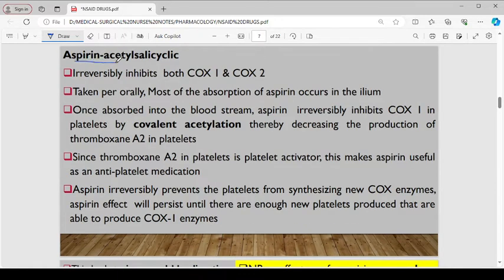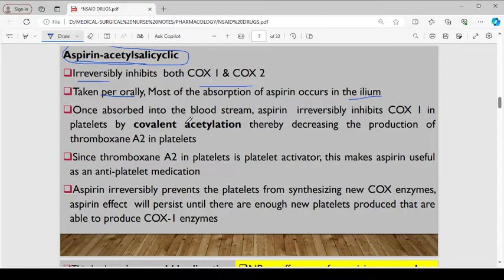We can look at aspirin, which is commonly referred to as acetylsalicylic acid by its chemical name. This drug irreversibly inhibits both COX-1 and COX-2. It is normally taken orally, and its absorption is mostly in the ileum of the small intestines.